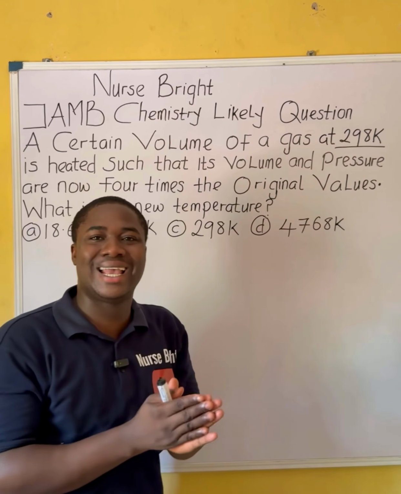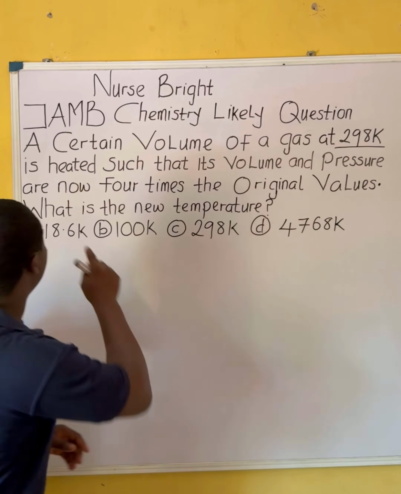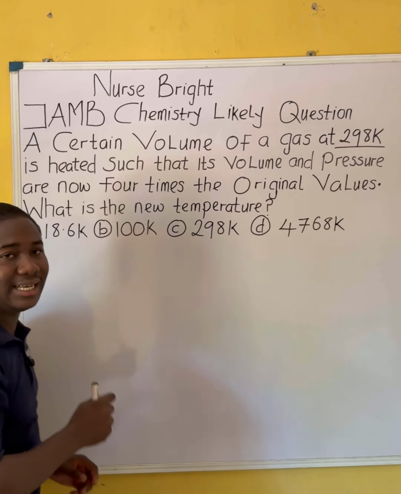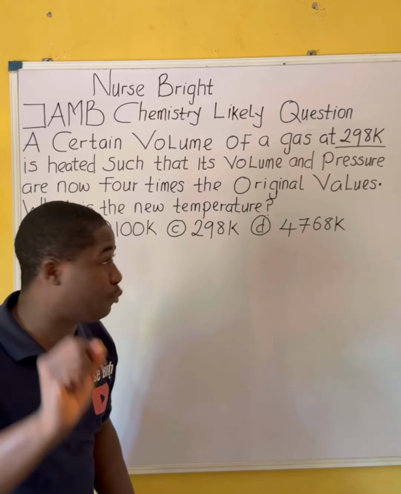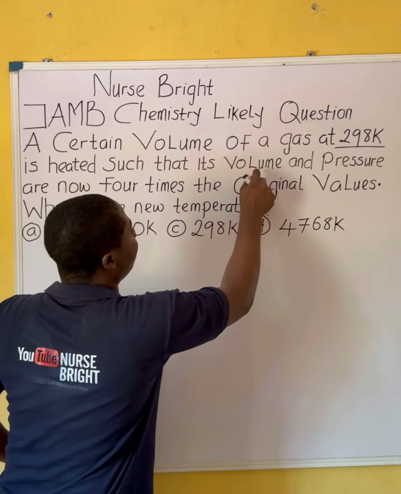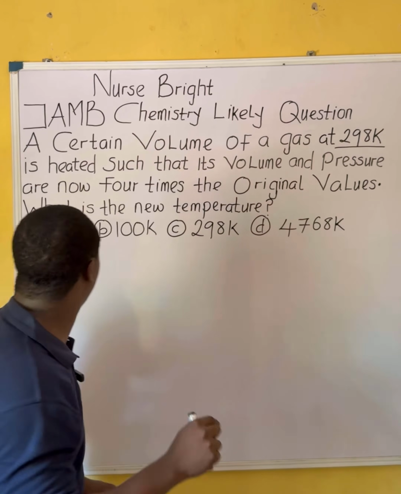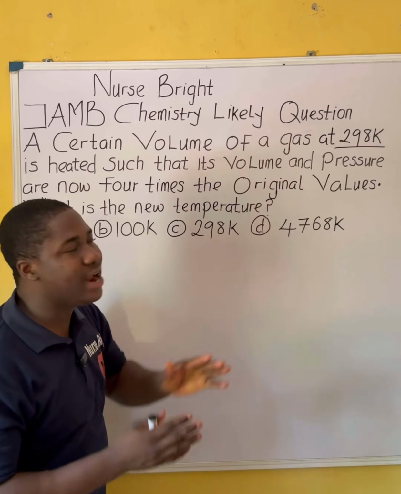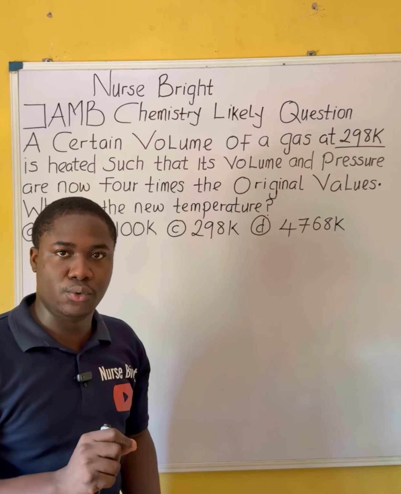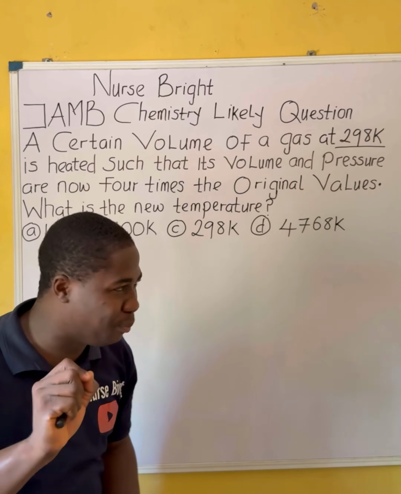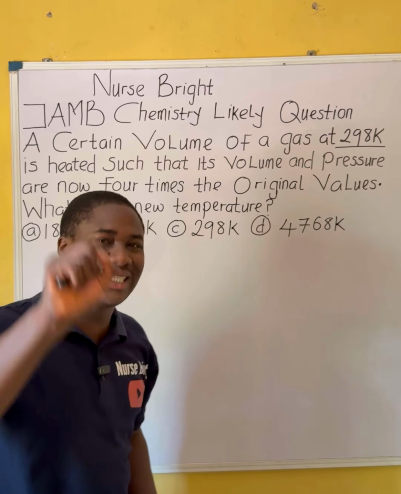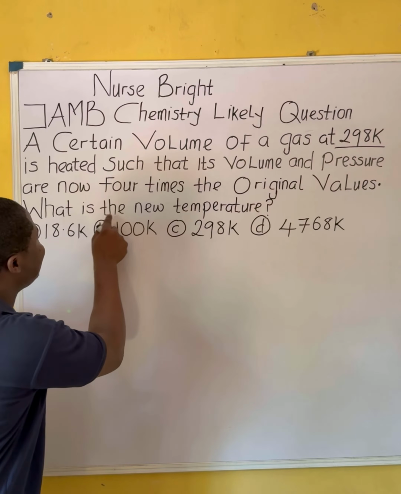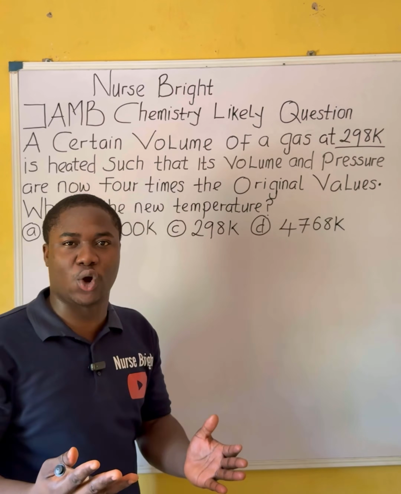So this is 298 Kelvin is heated such that, listen properly, its volume and pressure are now 4 times the original values. Class, listen properly. The question now says, what is the new temperature?